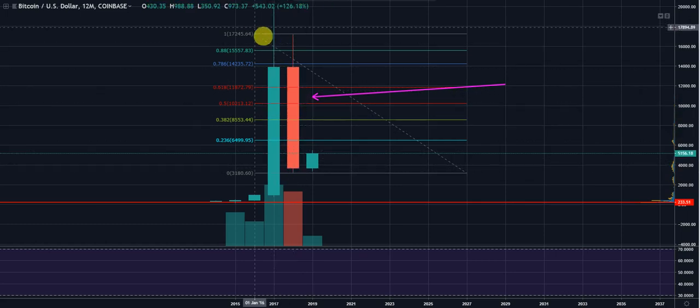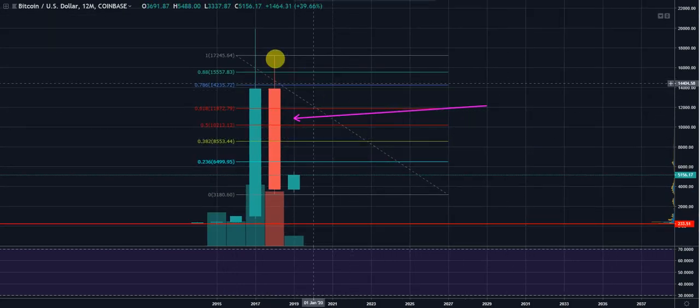And you can see I've drawn the fibs on the yearly candle. Now you could draw the fibs up from the all-time highs, but for this purpose I'm going to draw them on the yearly candle alone. So you can see here price has moved up and we have not even hit the 23% yet.